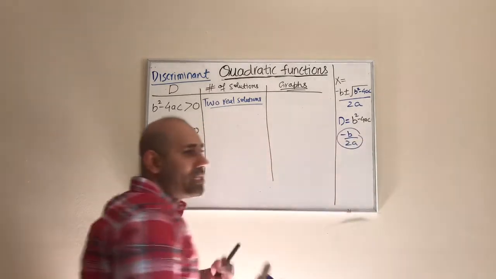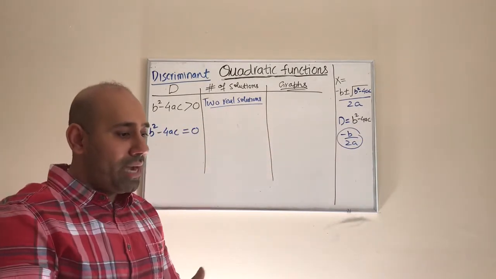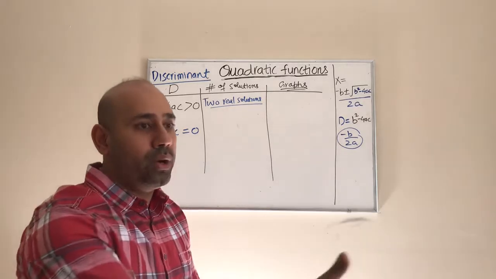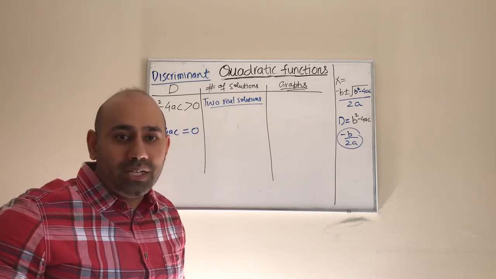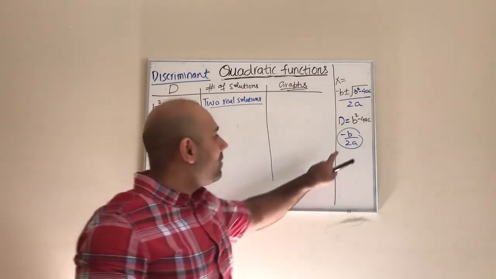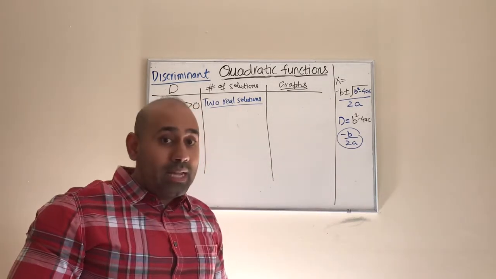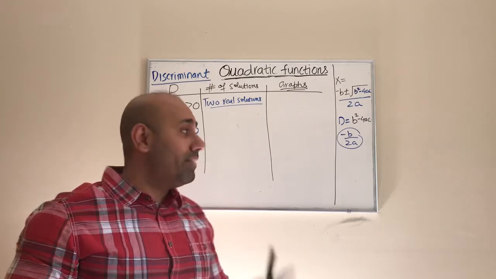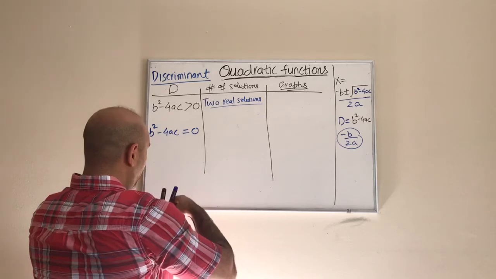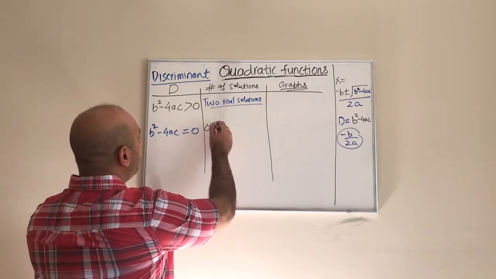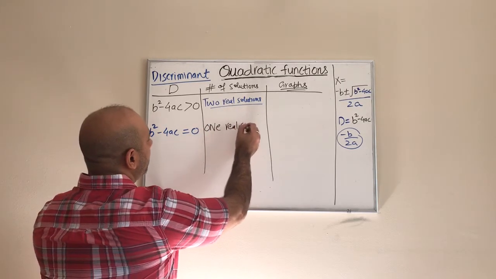The plus and minus does not mean anything, because adding 0 to something or subtracting 0 from something does not change that quantity, right? So you're only going to end up with negative b over 2a. That means how many solutions do we have? In this case, we're only going to get one real solution.